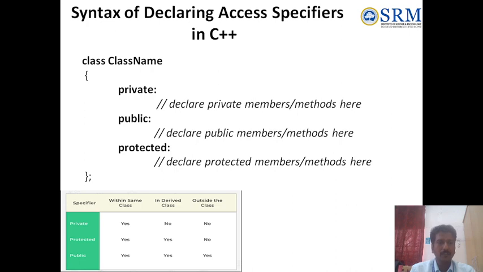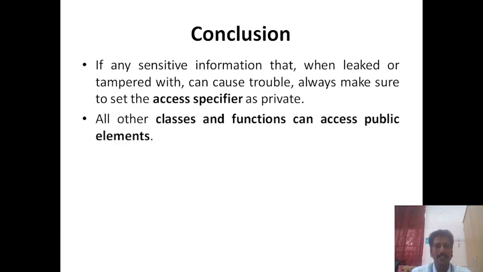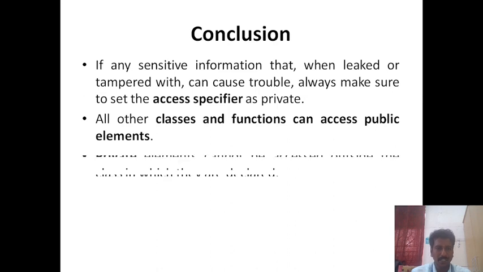We have seen the syntax of the different access specifiers. Conclusion: if there is any sensitive information that, when leaked or tampered with, can cause trouble, always make sure to set the access specifier as private. All other classes and functions can access public elements.